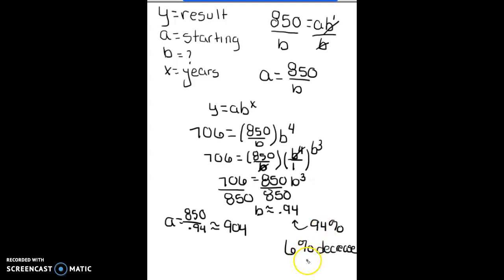So here we go. We've got a 6% decrease. That's your one answer. And then you have this 904, which was our starting value way back when. So it went from 904 down to 850 and down to 706.